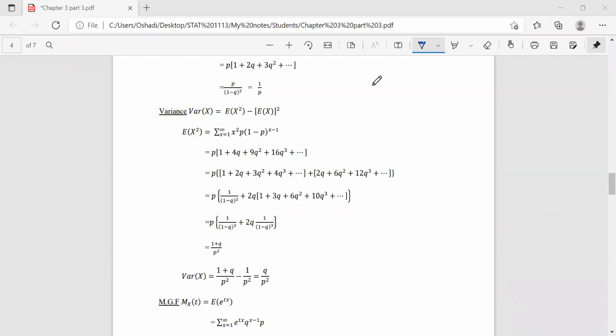We earlier found the mean, the expected value of x. Then we want to find the expected value of x squared. So using the expression, we can write the expected value of x squared as summation x squared into the probability distribution p into 1 minus p to the power x minus 1. As earlier, we can expand it by substituting values from 1 to infinity. Then we can take p out and write the remaining terms using q, the probability of failure, right?